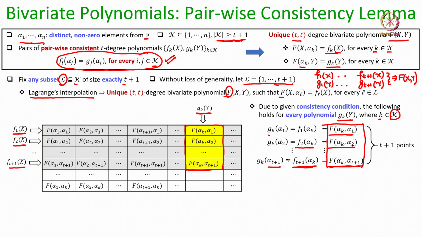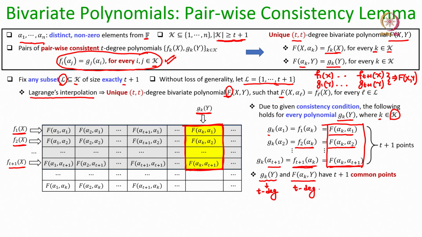And what is the degree of the g k y polynomial? It is a t degree univariate polynomial. And what are these highlighted points? These highlighted points are nothing but points on another t degree univariate polynomial in Y, namely the kth column polynomial of my bivariate polynomial f of x y.